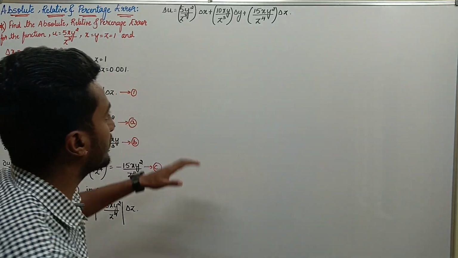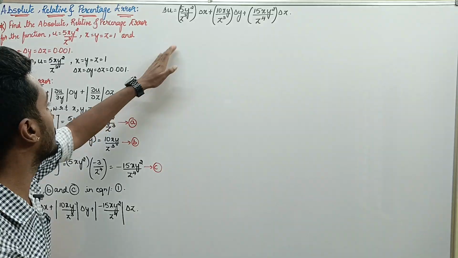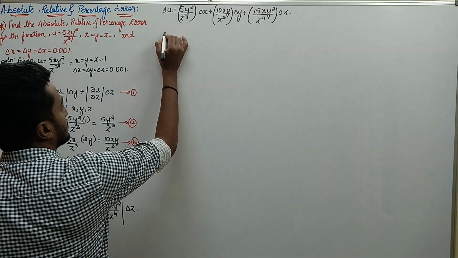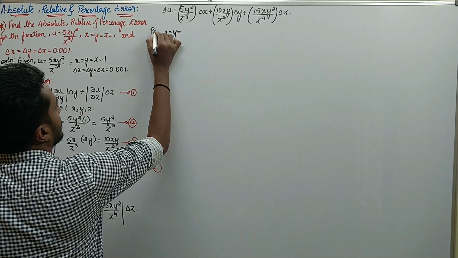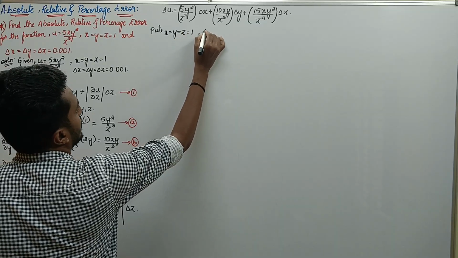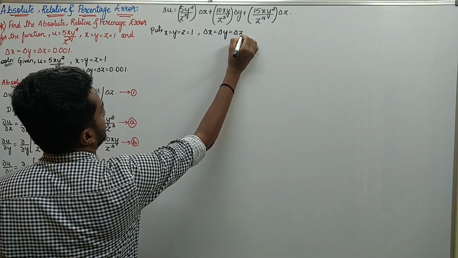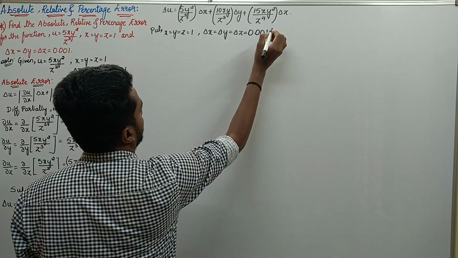Got the point? After representing del u, that is absolute error, we are going to substitute the values of x, y, z and del x, del y, del z. That is, put x equal to y equal to z equal to 1, comma, del x equal to del y equal to del z, which is equal to 0.001.